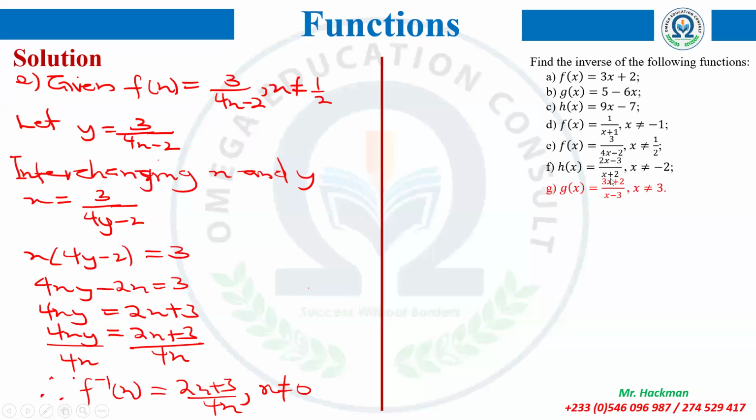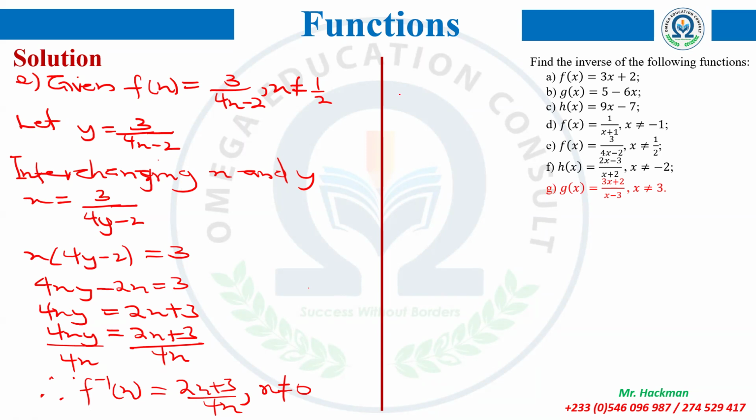So let's handle this particular one and see what will happen in that situation. There will be an advice that will help you do justice to this question. Is that clear?